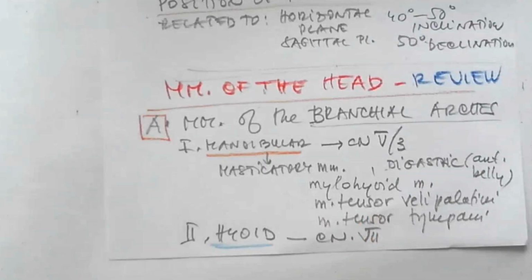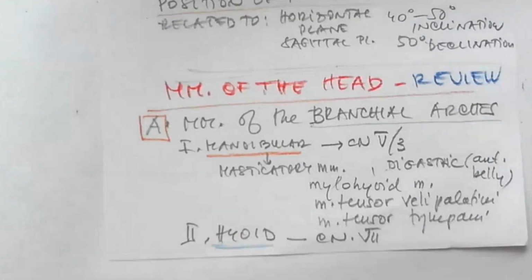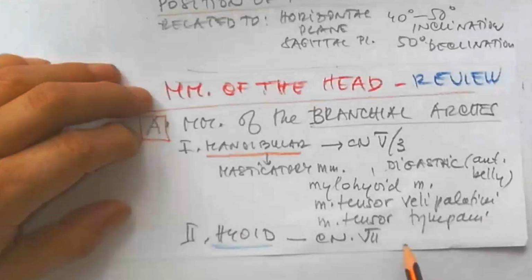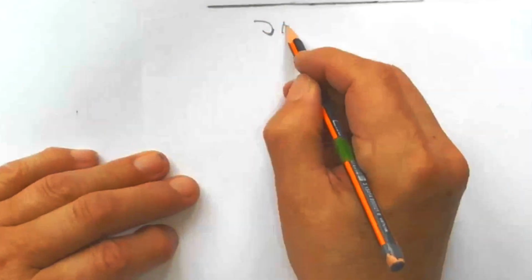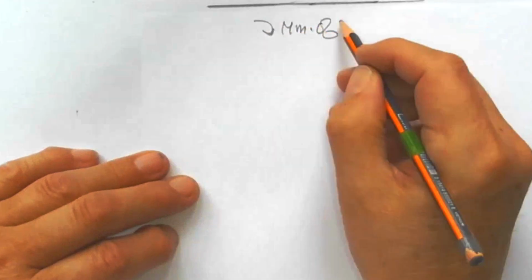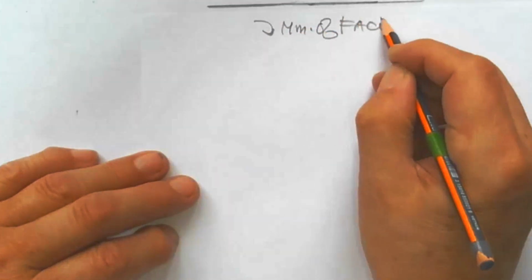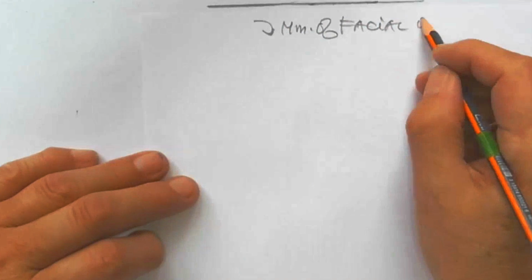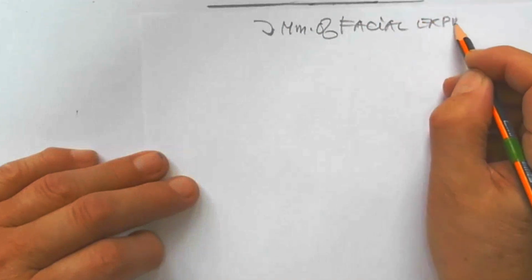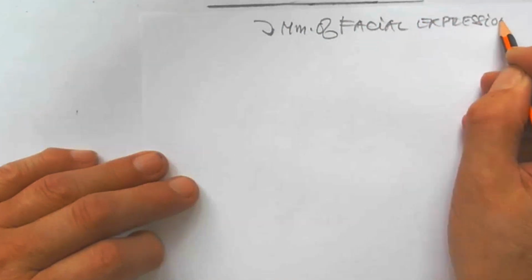Yes, and number 7 means that the facial nerve innervates the muscles of facial expression, or facial muscles. Okay, we can use both terms, expression or facial muscles.